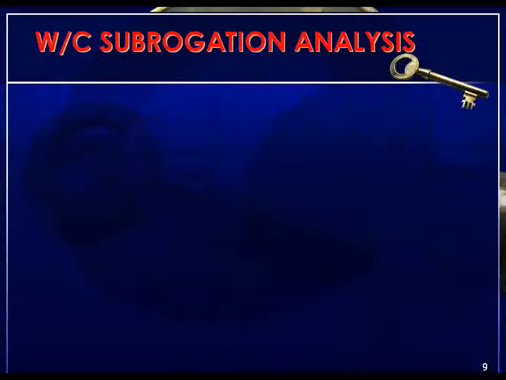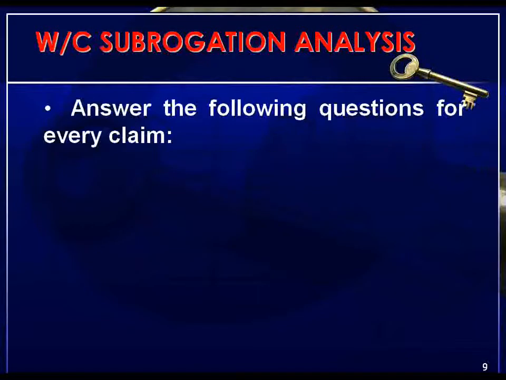So now that we understand the 3 L's, we're going to talk about analyzing workers' compensation subrogation. We're going to look at 5 basic questions that you should ask yourselves on every claim. And if you train yourselves to answer these questions for every workers' compensation claim you have, you can rest assured that 95 to 98% of the subrogation potential which passes under your nose, previously perhaps undetected in many cases, you will recognize.